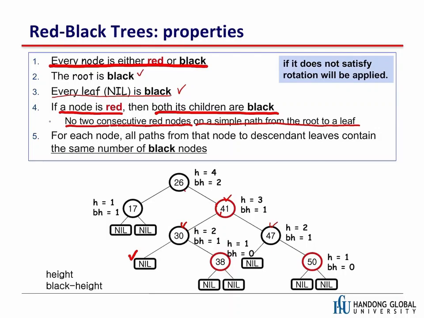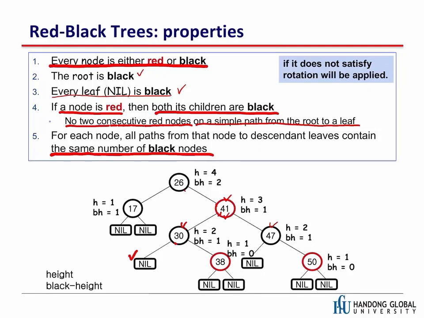The last one: for each node, all paths from that node to descendant leaves contain the same number of black nodes. I put this underline here. From this node, we count the number of black nodes on the path to the leaf. In your slide I had some mistakes, so I just corrected the numbers.